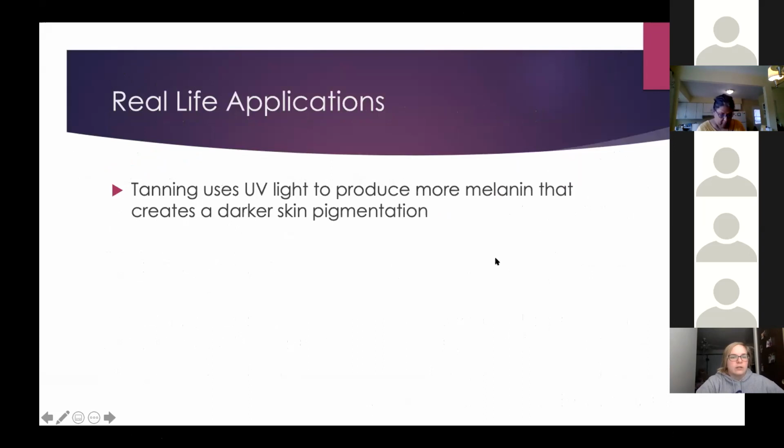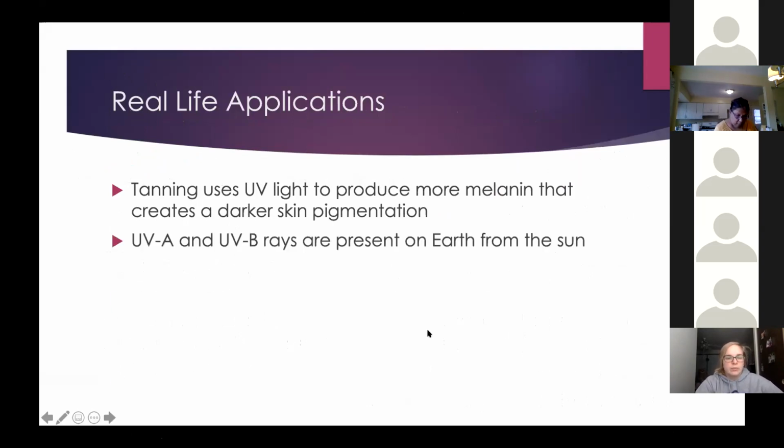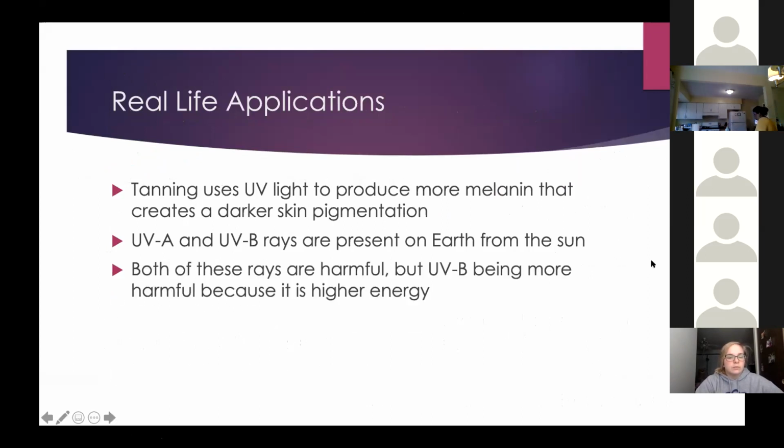So if we look at some real life applications for UV light, tanning uses UV light and it produces more melanin that creates a darker skin pigmentation. There are UVA and UVBs present on Earth that come from the sun. Both of these rays are harmful, but UVB is more harmful because it has a higher energy.